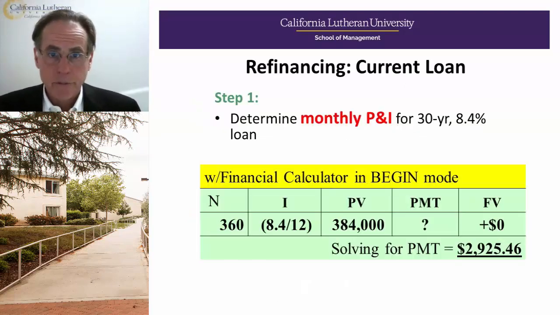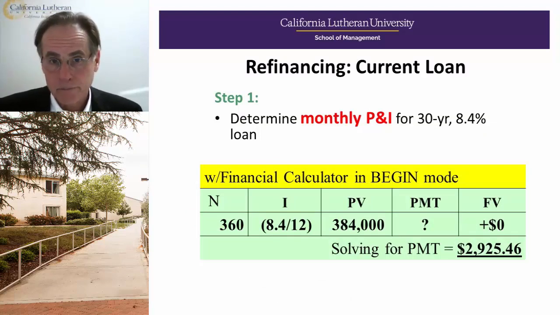First thing you need to do, if you do not already know, is the current monthly payment on that 30-year loan. Since this is fully amortized, we can do this very quickly on our financial calculators. So you can see we have 30 years, 12 periods per year. So the N is 360.